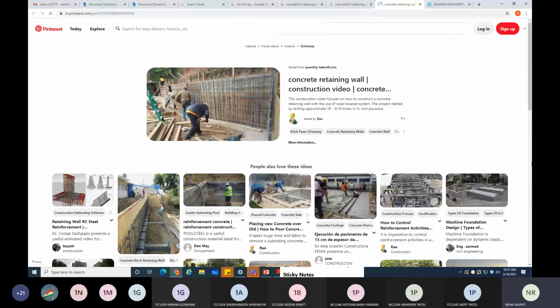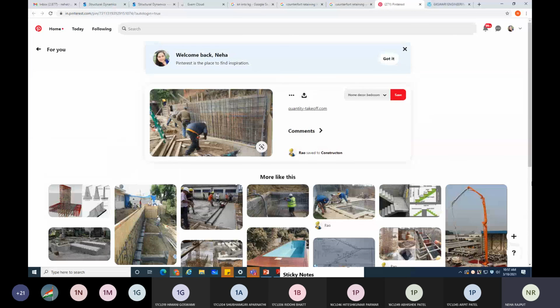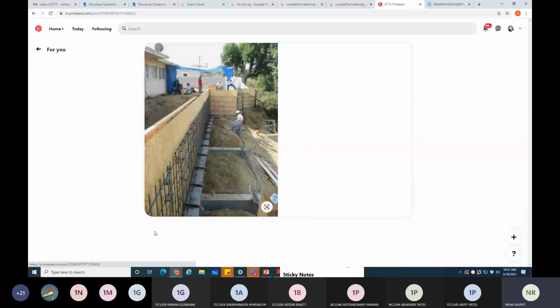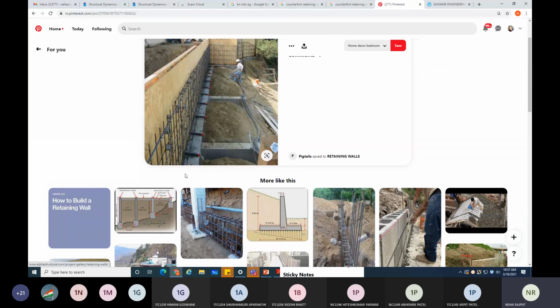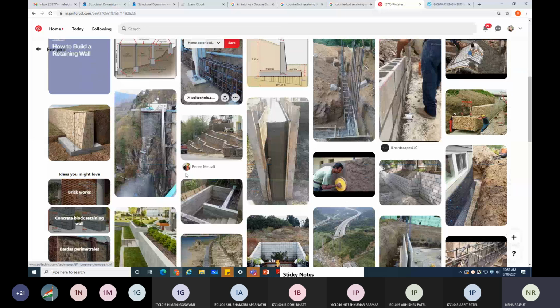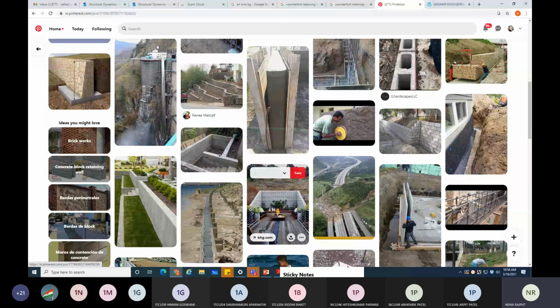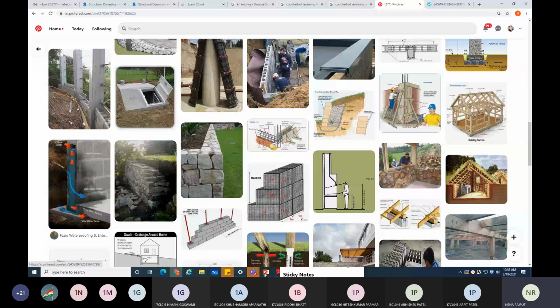Here also you can see that some of the vertical bars are curtailed at some height, and then after all other bars are going towards the top side. So this is called the curtailment of the bar. Here also you can see the wall. Right. So like this is your stem design for the counterfort retaining wall.